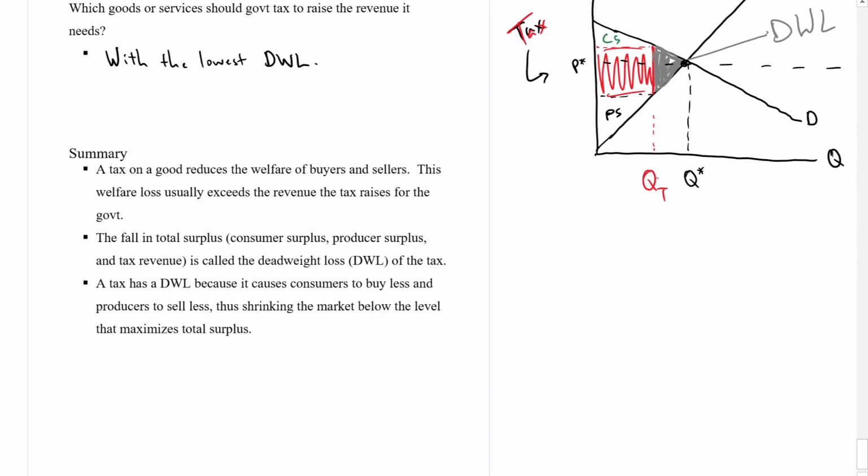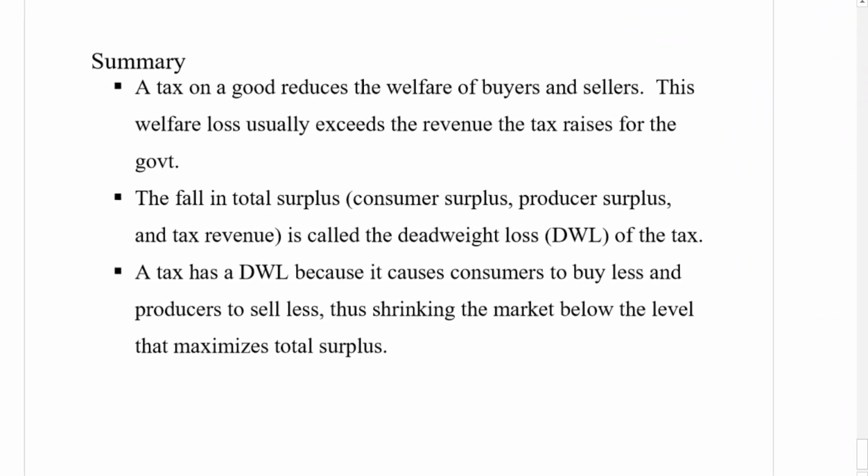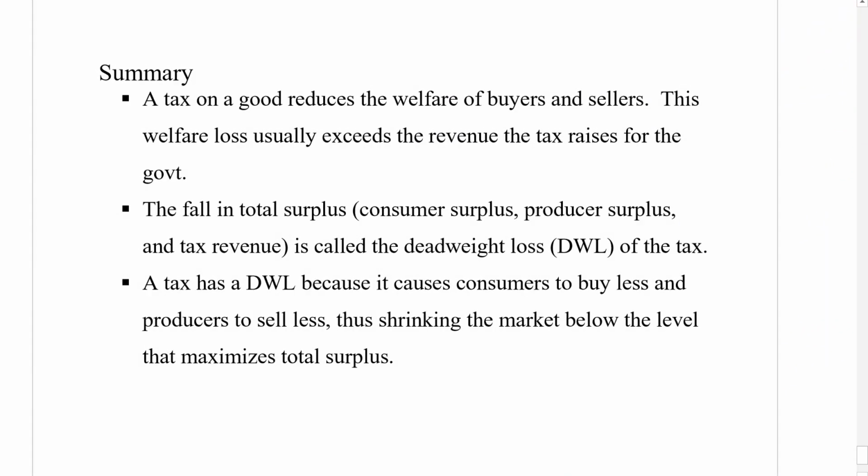But otherwise, we can just summarize everything we've learned here. So again, with the basic supply and demand analysis, it doesn't matter whether the tax is put on the buyers or the sellers. Ultimately, sellers pass on costs to buyers, and when taxes get put on buyers, their demand decreases such that they're not going to be willing to pay as much to sellers.